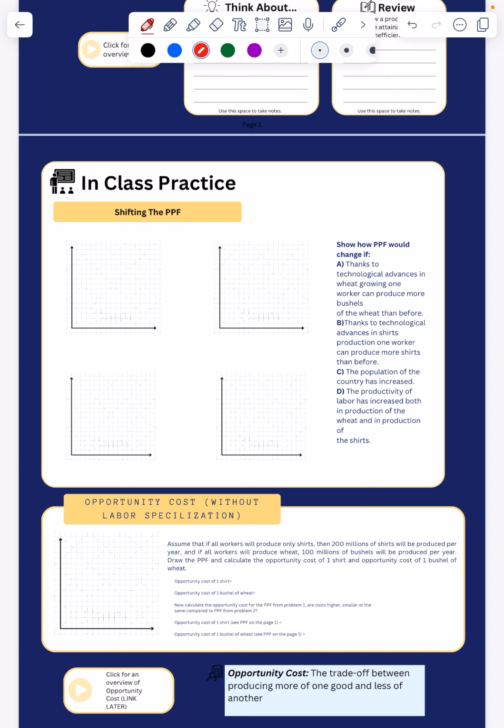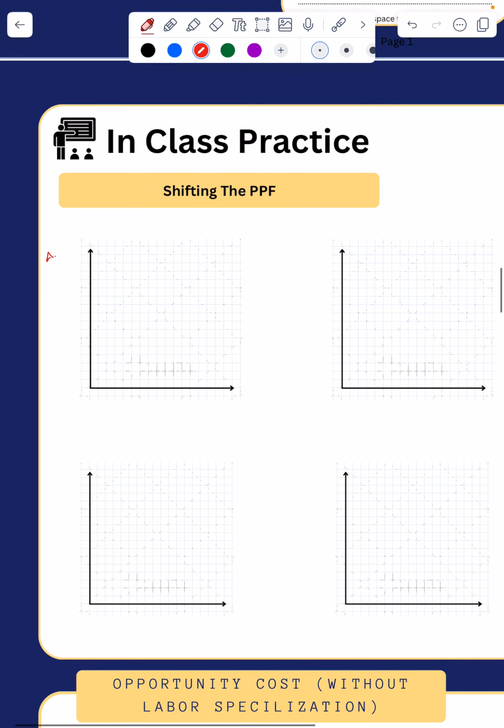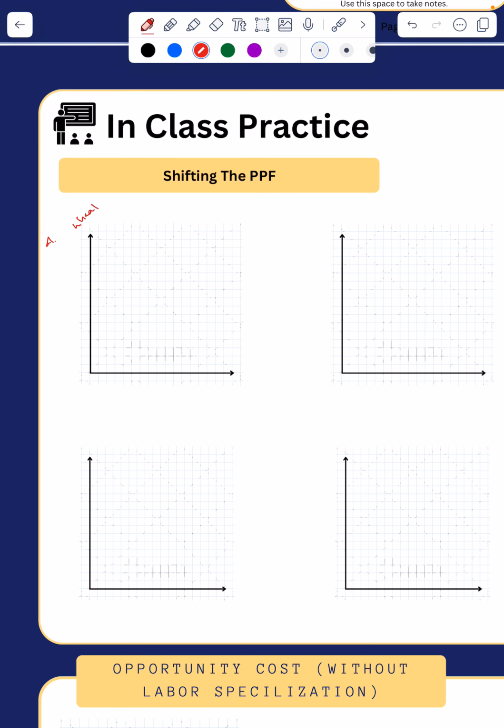So A, thanks to technological advances in wheat growing, 1 worker can produce more bushels of wheat than before. So moving over to A, over here, we have wheat, and we have shirts. And our original line was 50 and 100, right? This was our original line.